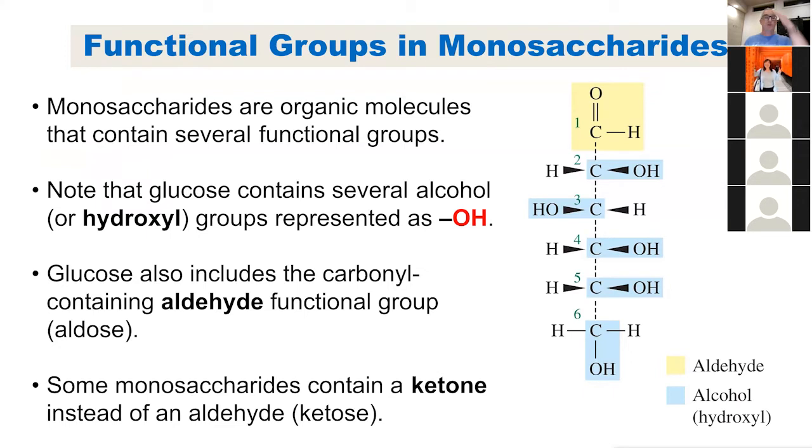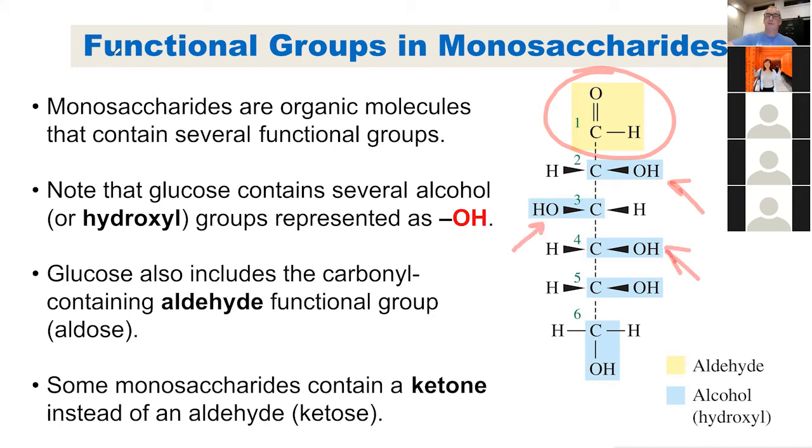So this is just another way of looking at the molecule. Again, we're just looking at the functional groups. We've got an aldehyde here. We've got an aldose, so we've got the aldehyde head group. And what's going to become really important is the position of these hydroxyl groups.